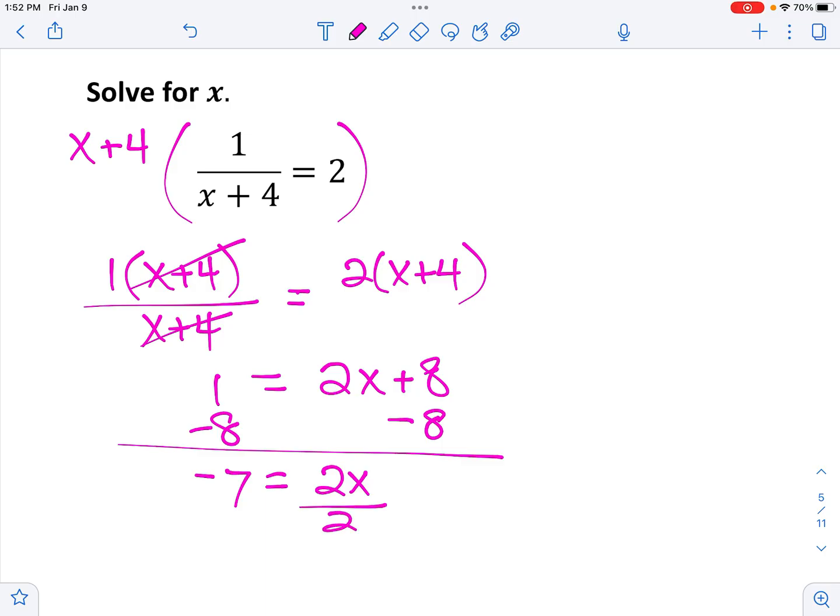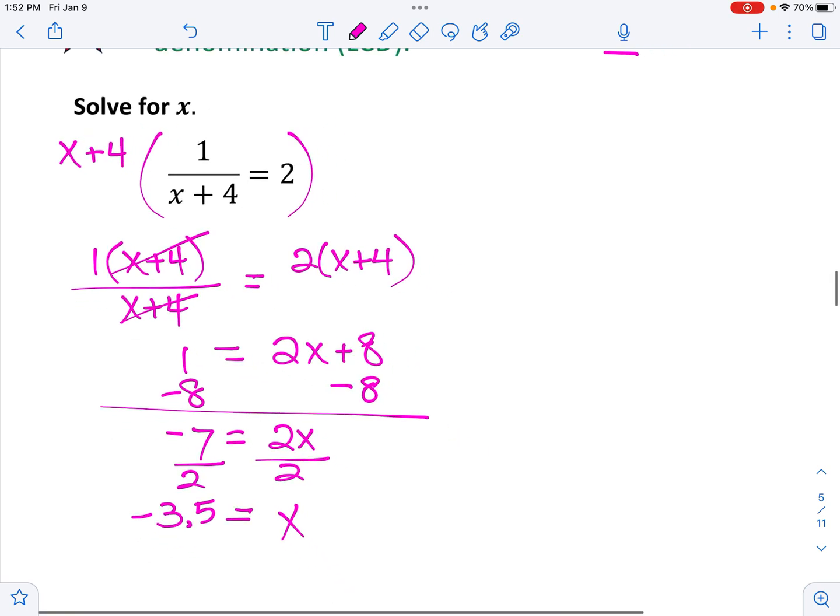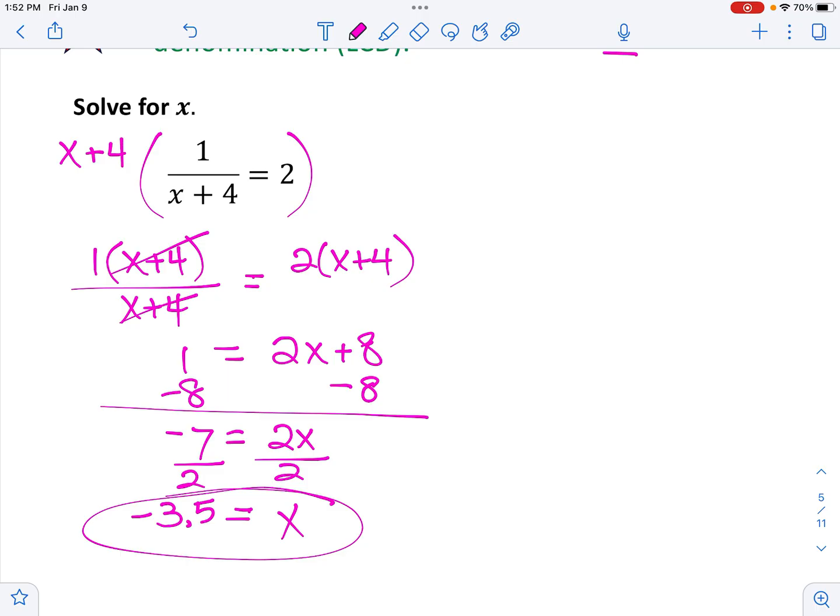And then divide by 2. So that would give me negative 3.5 if you want it as a decimal, or negative 7/2, however you want to do that. But that's now a little easier than trying to figure that out. It's easier to get rid of that denominator.